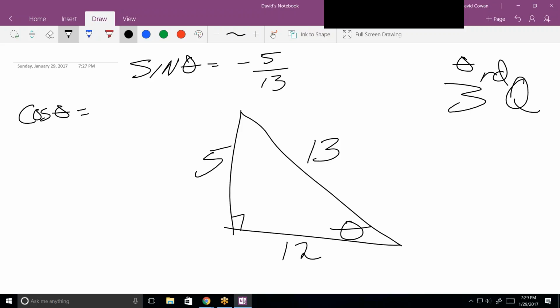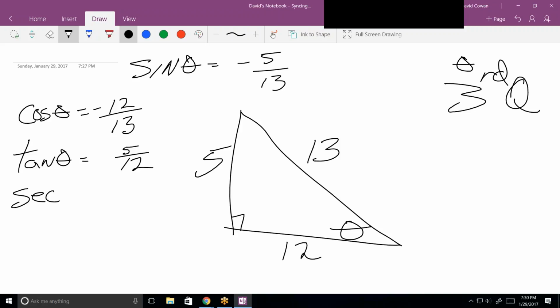Okay. What's cosine of theta? 12 over 13. What's its plus minus sign? Negative. Tangent of theta? Positive 5 over 12. What's its sign? Positive, okay, good. Secant of theta.